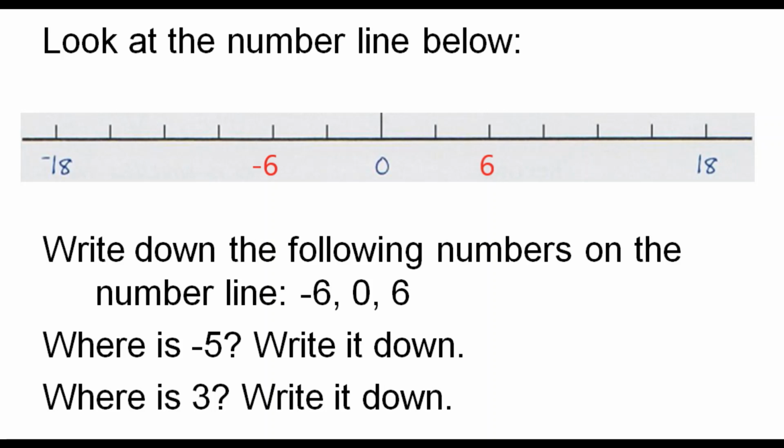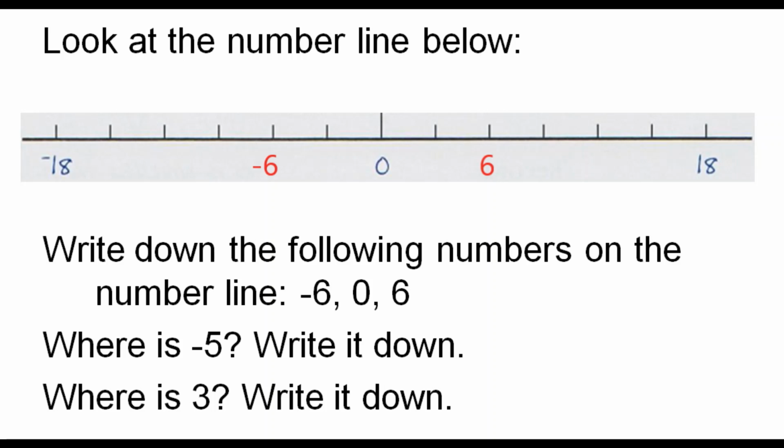Now, the next question says, where is negative 5? Write it down. We know we're counting by 3s, so negative 5 is not going to be an exact answer. You're going to have to do your best to estimate where negative 5 goes, and so long as it's pretty close, it should be okay.